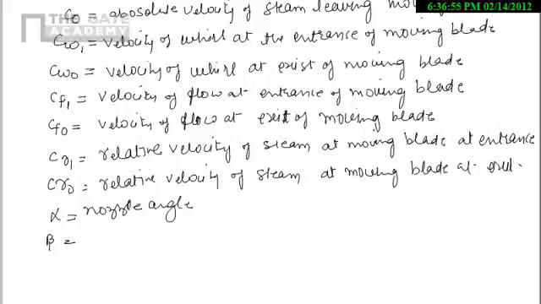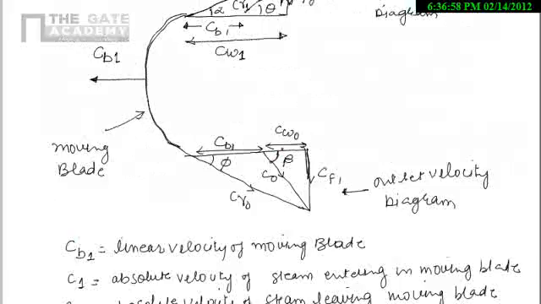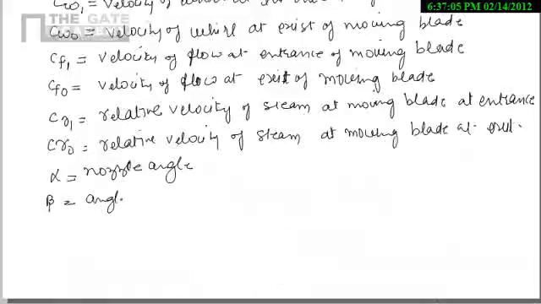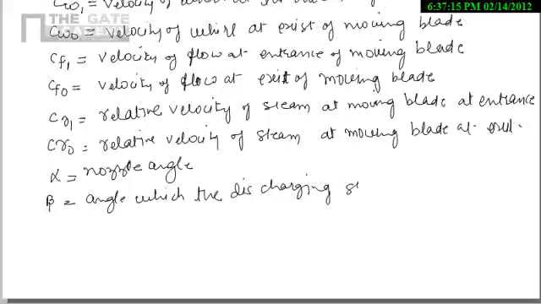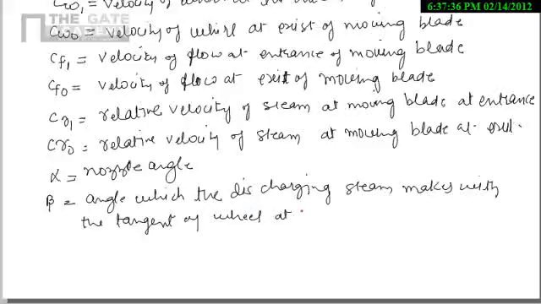Beta, here we can easily see this one is beta. So beta is nothing but angle which the discharging steam makes with the tangent of wheel at exit of moving blade.